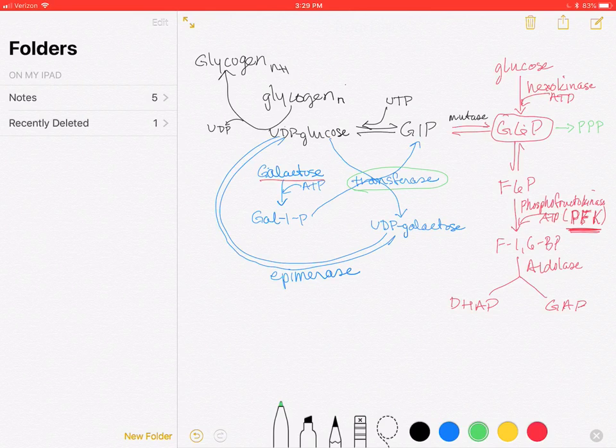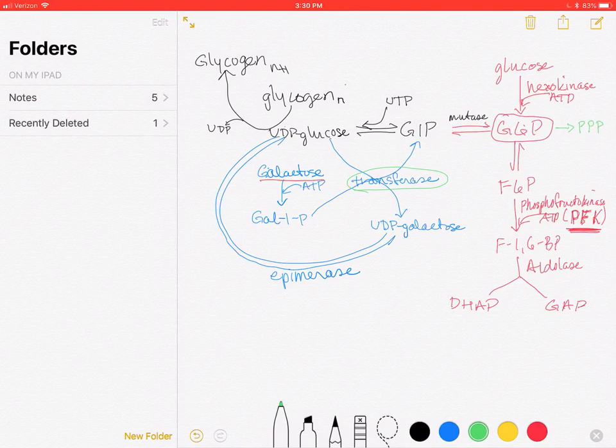If we don't have the transferase, our bodies will try to get rid of the galactose one way or another. It'll show up in our urine. A blood sample will have very high levels of galactose. Our bodies will try to change it into galactitol, which is the reduced form of galactose.